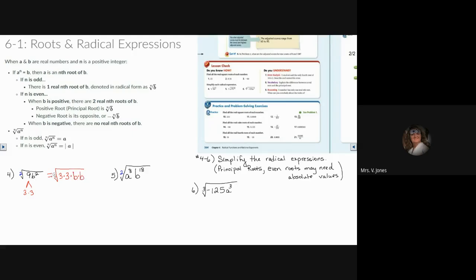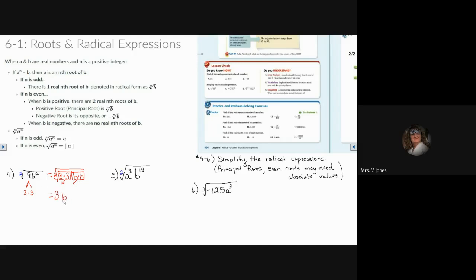Since this is a square root, for things to come out of the radical, you have to have 2 of the same thing being multiplied. So we have 2 3s, so that comes out as a 3. And here we have 2 b's being multiplied, so that comes out as a b. So square root of 9b squared gives you 3b. Square root of 9 is 3, square root of b squared is b.